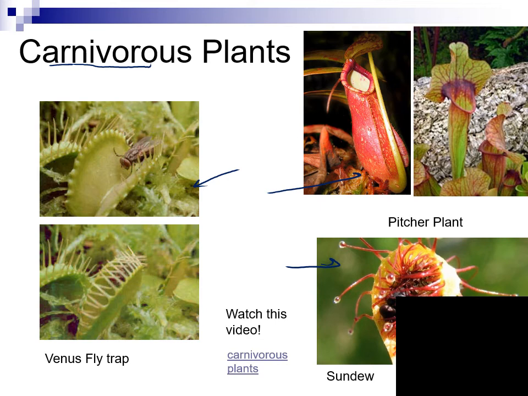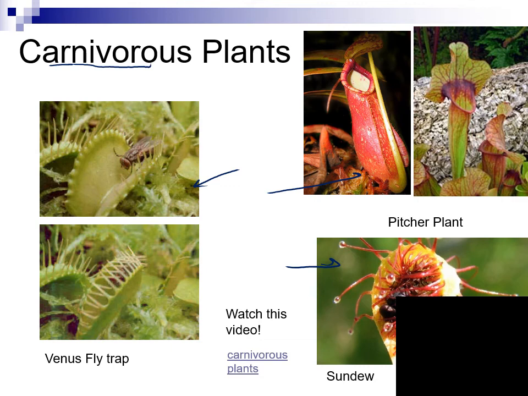So they all do photosynthesis, so they're considered autotrophs. But these plants happen to live in soils that are not very good soil. So there's not many minerals and things that the plants need from the soil, and that's why they consume insects, not for energy, but because they break it down to get the minerals.